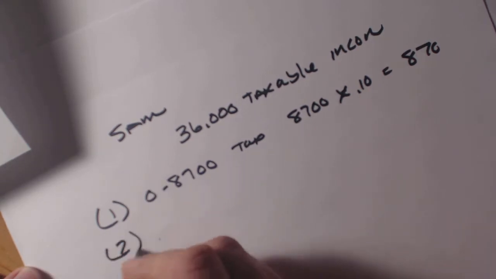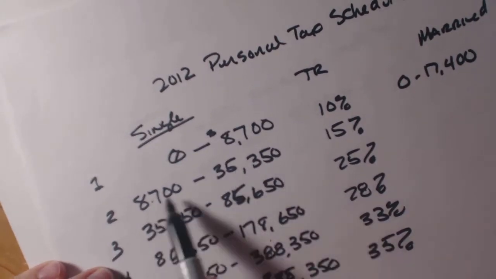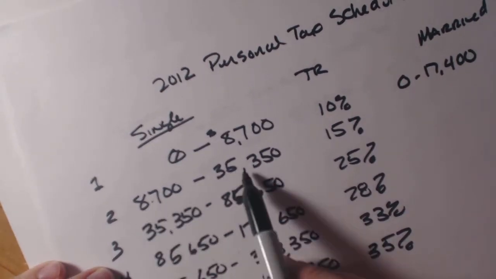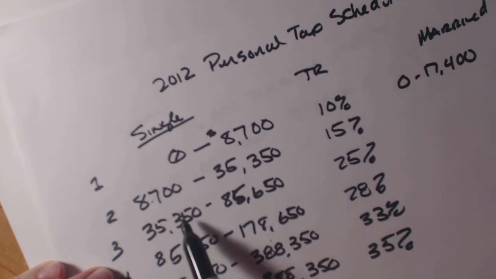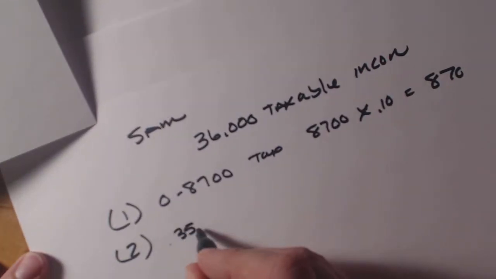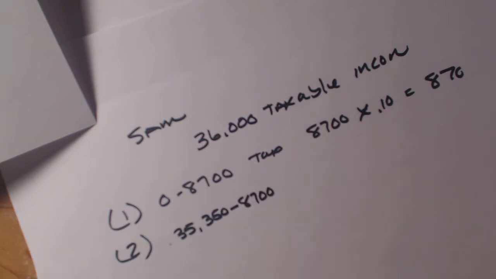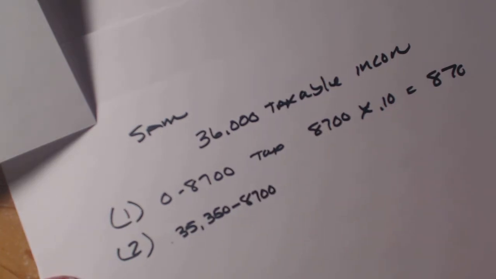On the second line, here are the categories. We can fully complete this category, and we're going to end up on the third. So I'm going to take the $35,350, and subtract $8,700 from that. Let me get my number.